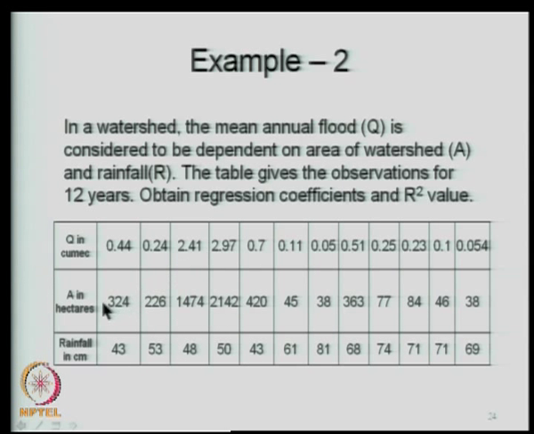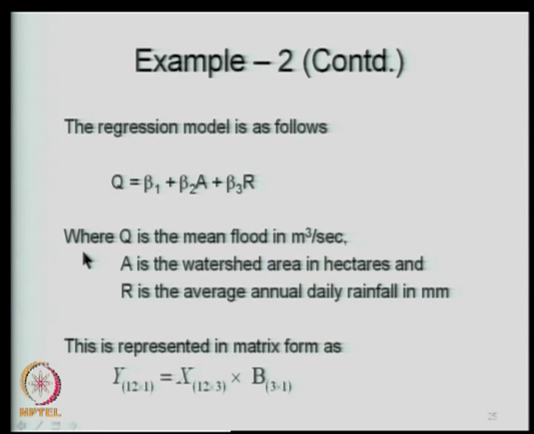So, these are different watersheds. We are trying to relate the peak discharge with the area of the watershed and rainfall in centimeters. So, rainfall and the area are independent variables and the peak discharge is the dependent variable.